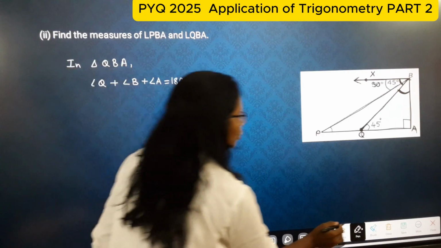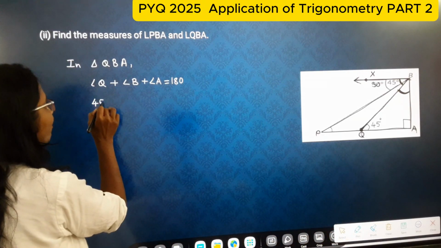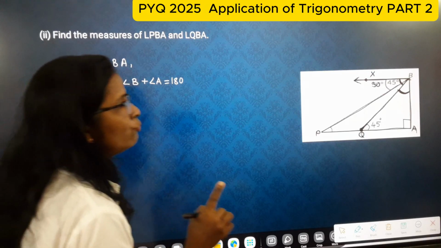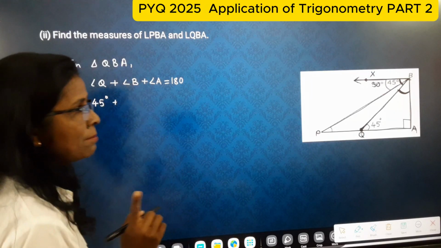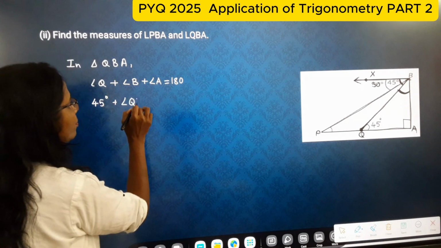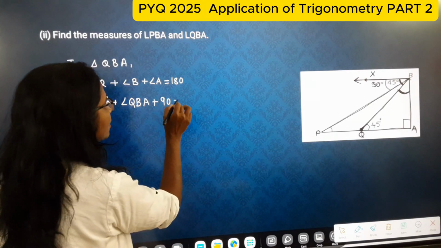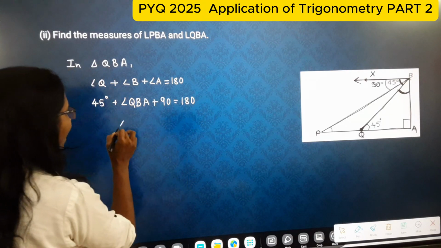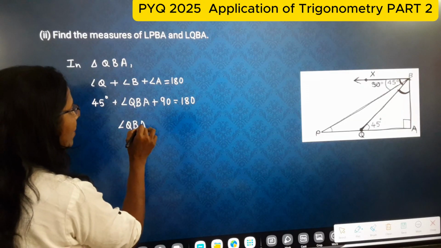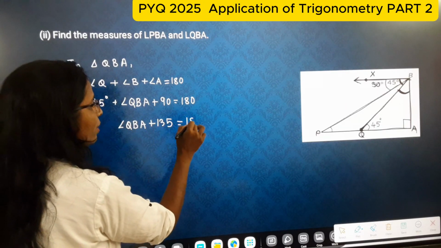So here we can substitute the values of these angles, that is Q is equal to 45 degrees. Angle B, we have to calculate, angle B means the angle QBA, plus angle A is 90 degrees students, so here 180. So now angle QBA plus 135 is equal to 180.